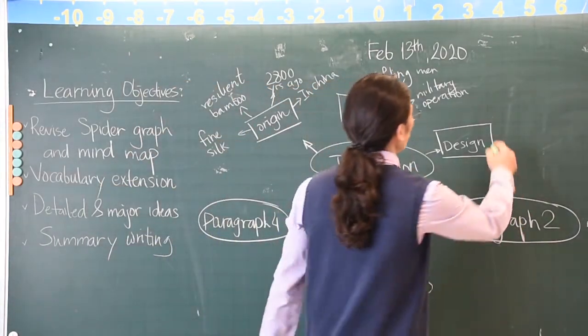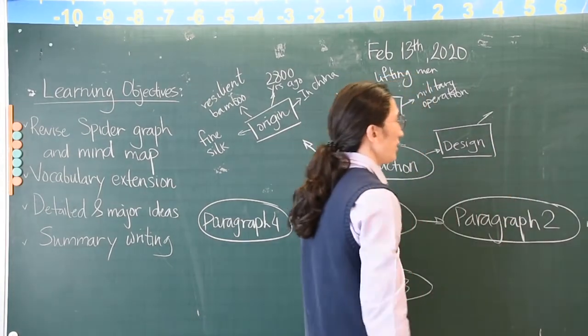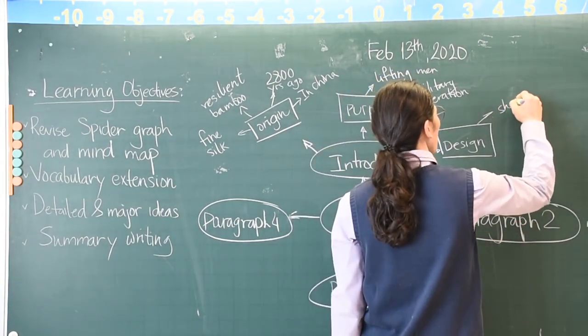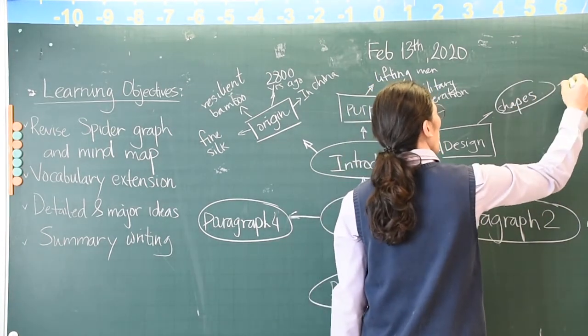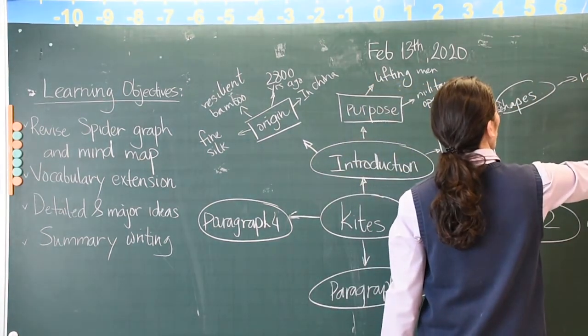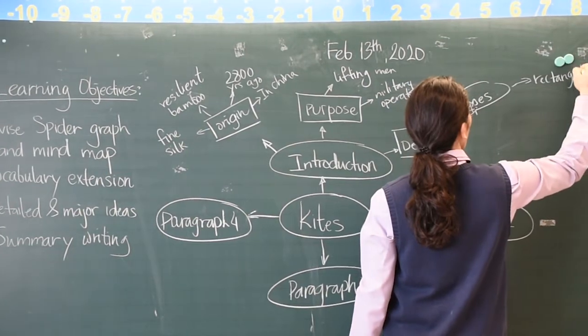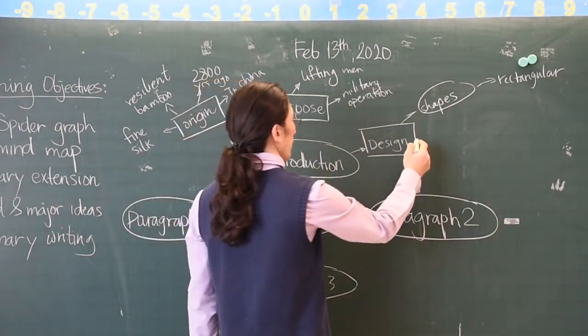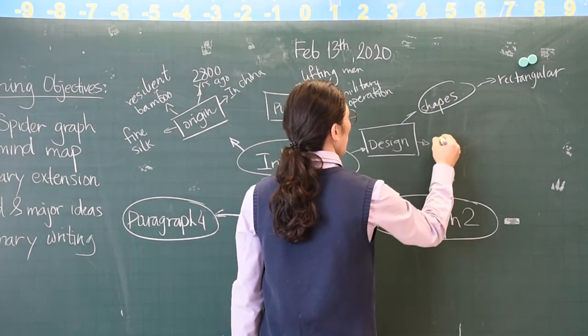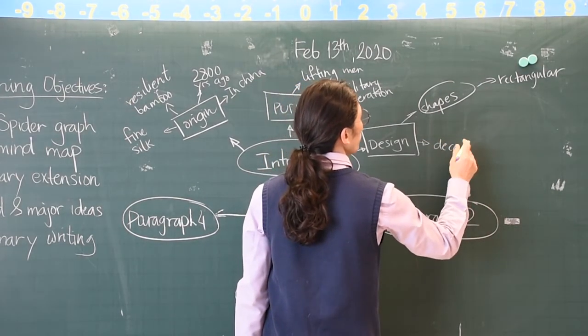There are more. In the design section, it was talking about the shapes, right? From the shapes, you can say mostly the kites were rectangular. And the design part was also talking about decoration.